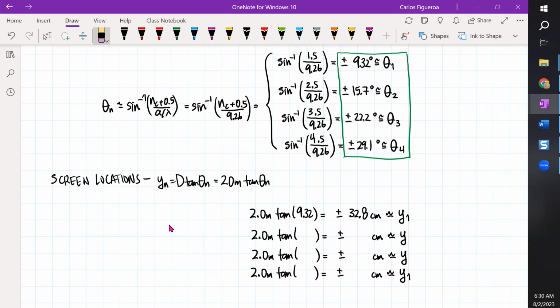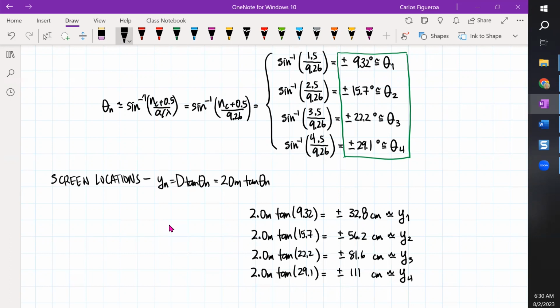So I'm going to put in the angle of 15.7, and I get 56.2 centimeters. Then I put in 22.2, and this gives me 81.6 centimeters. Then I put in an angle of 29.1, and that gives me 111 centimeters. And this will be for 2, 3, and 4.